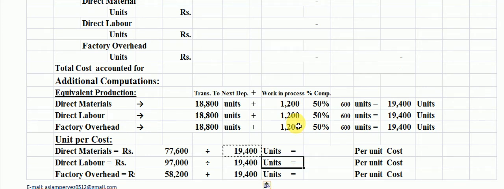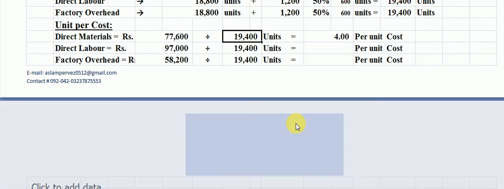Now we find the per unit cost here: cost divided by number of units. This is the per unit cost as a material cost, and same as we have to find the other per unit cost as a direct labor and factory overhead also.